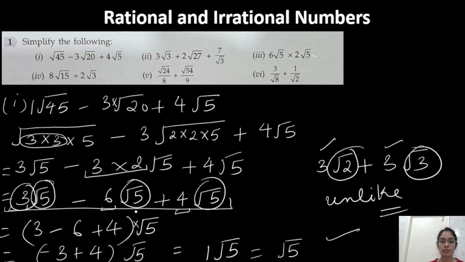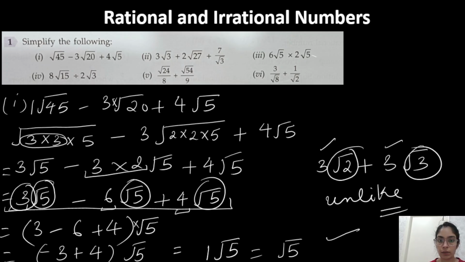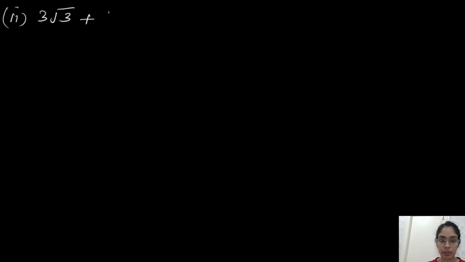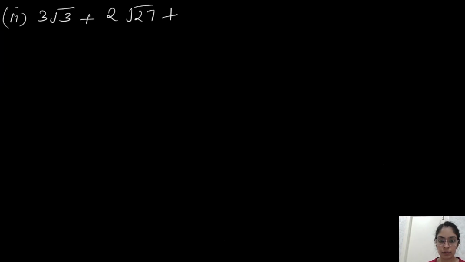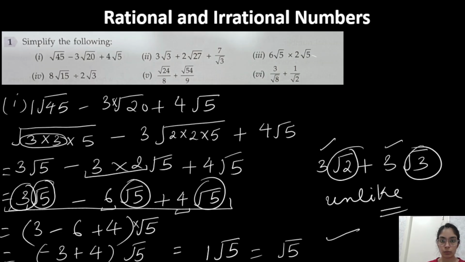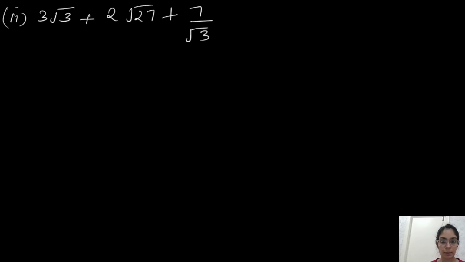So let's do the second part now. In the second part we have 3 root 3 plus 2 root 27 plus 7 by root 3. Let me just check it: 3 root 3 plus 2 root 27 plus 7 by root 3.